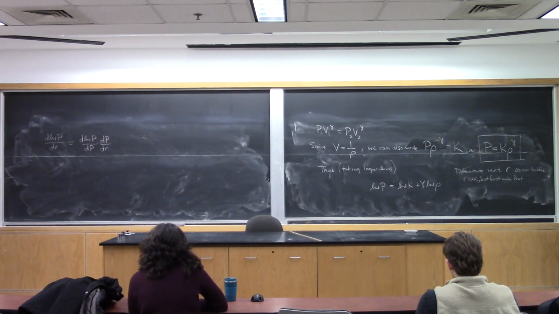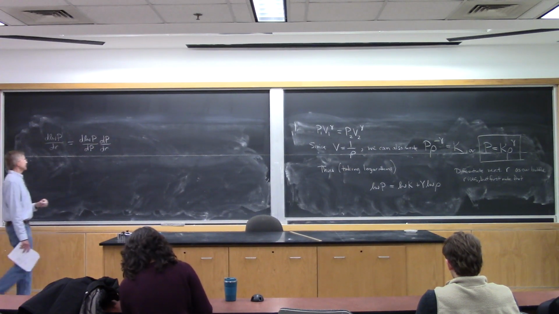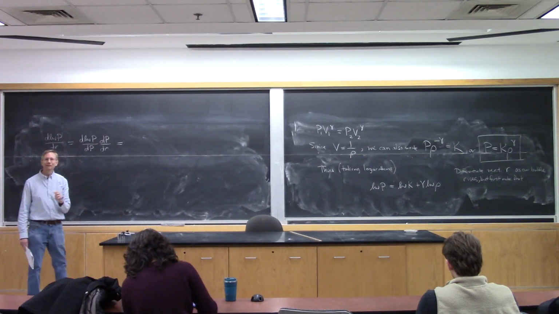Right? By the chain rule, d log P dr is d log P dP times dP dr. What's d log P dP? What's the derivative of log P with respect to P?